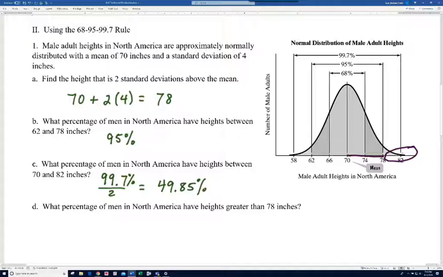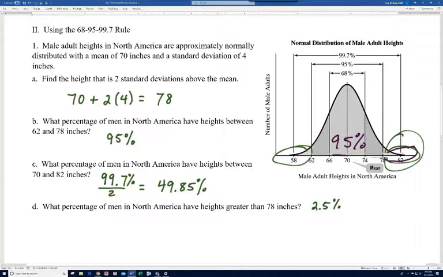If you go from 62 to 78, you know that 95% of the data is in here. Well, doesn't that tell us that 5% of the data is outside of here? And so we know we have symmetry, and so half of 5% would be what we have here. And so that's going to be 2.5%.